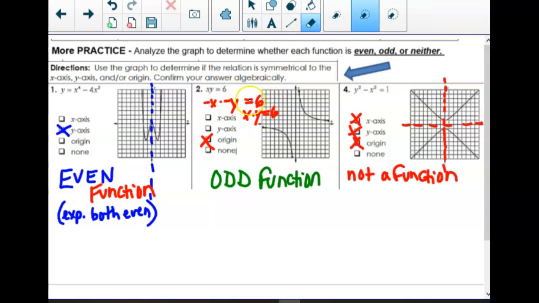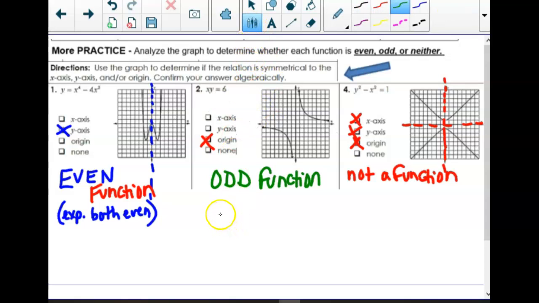This is true if you change both signs, but that f of x says if you replace only the x, then it should be the opposite of what you started with, which if I divide it over to the other side, I get this. Okay, anyway, yes, this is an odd function. Don't worry about my explanation. I was just confusing myself and I didn't want to confuse you.